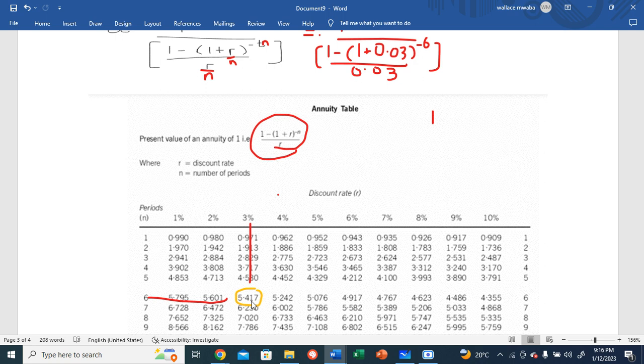Hello, colleagues. I need responses. Mr. Ernest, what are you getting? After I've done 1 minus 0.873, whatever value you got when you did 1.03 to the power negative 6.